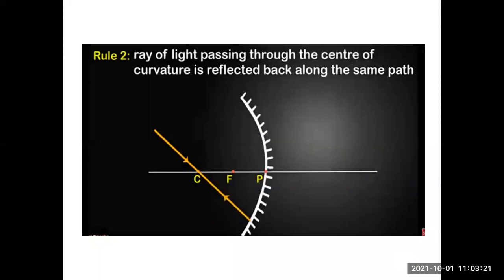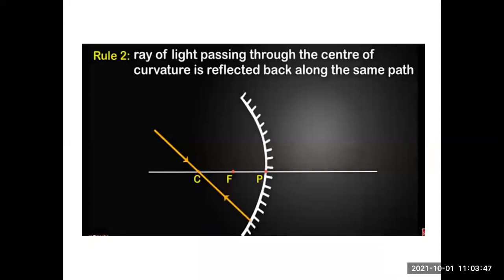After this, this is rule 2: a ray of light passing through the center of curvature. What happens to the ray of light when it passes through the center of curvature? It is reflected back along the same path. You can see that we know how to draw C, F and P, we have plotted this mirror.